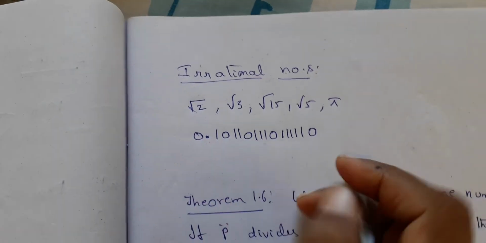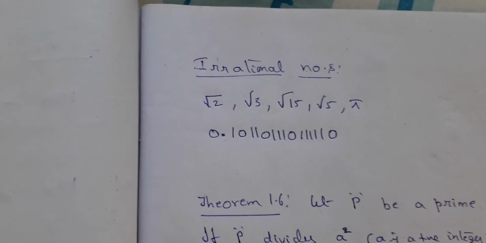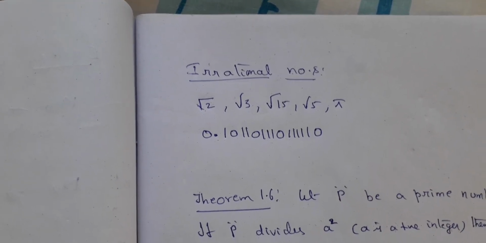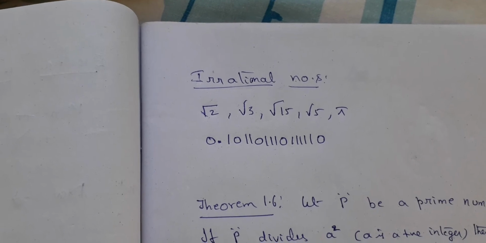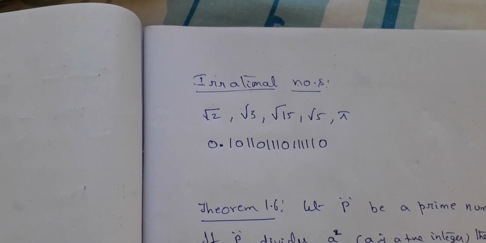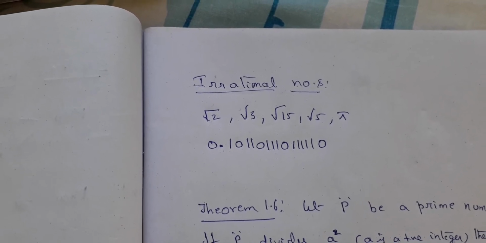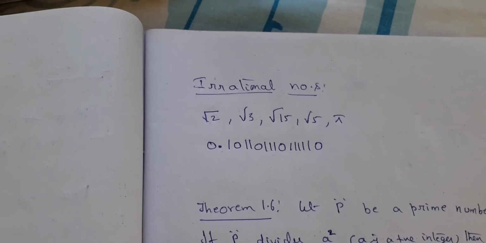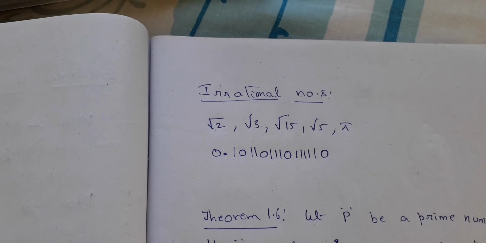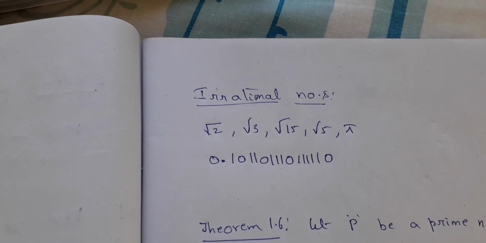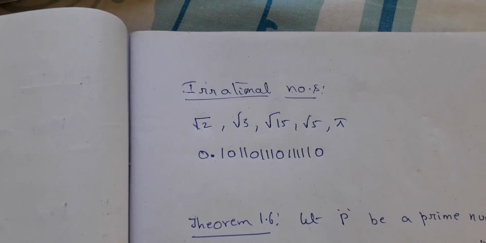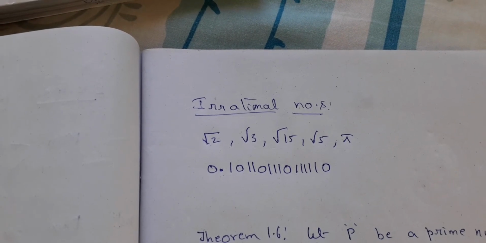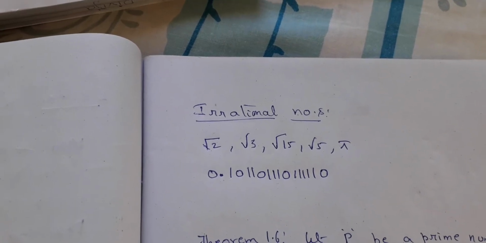You may have got such problems to identify whether it is a rational number or not. Between the first two digits only 1 0 was there, then afterwards the same digits repeat, but one more 1 is added each time. So these are all irrational numbers.